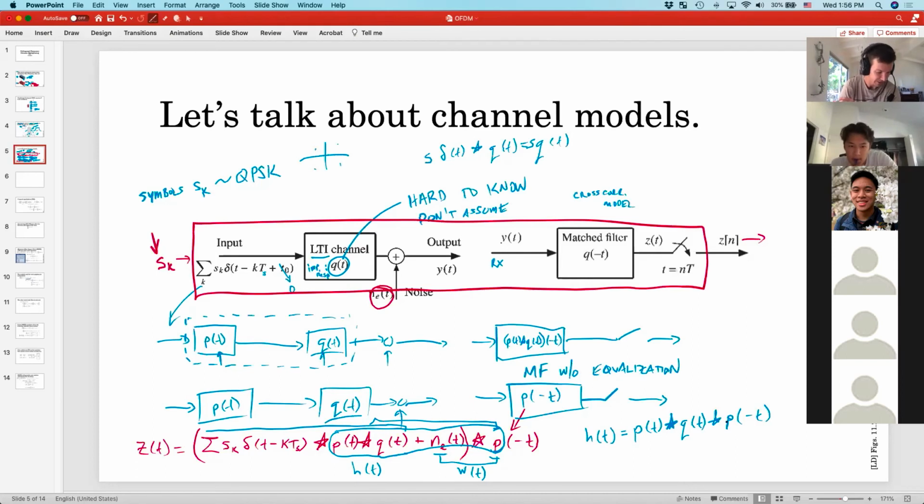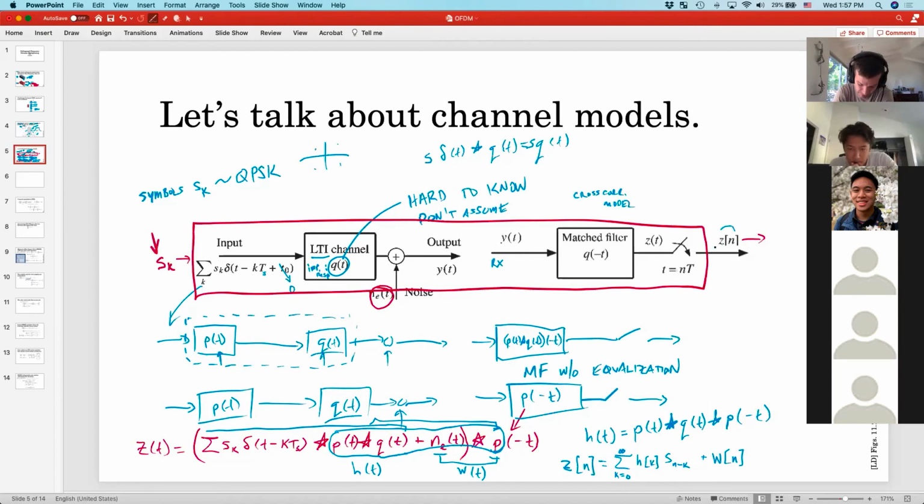Which means at the end of the day, that the nth sample of the Z process is going to be the discrete time convolution, H of k, with S sub n minus k, plus W of n, where, strictly speaking, k can run from 0 to infinity. Okay, because I've masked the P, Q, and P into H, this becomes a lot simpler.